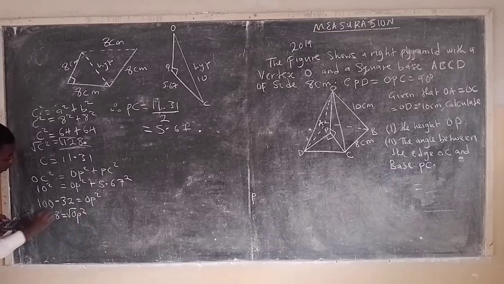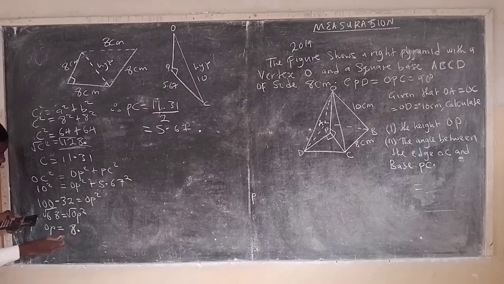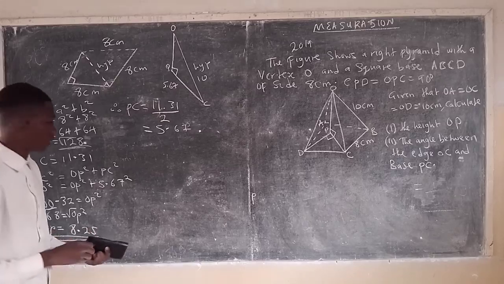Then we find the root of this. So our OP becomes equal to 8.25. So this is the distance there.